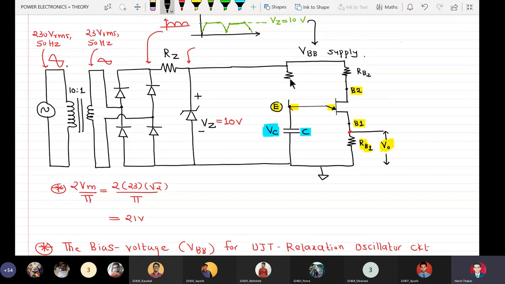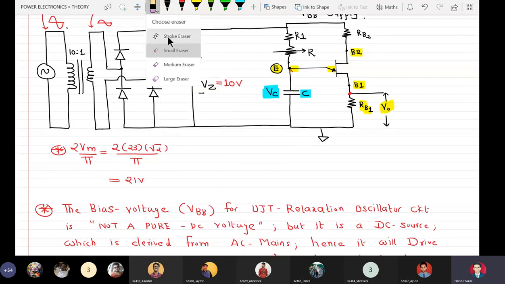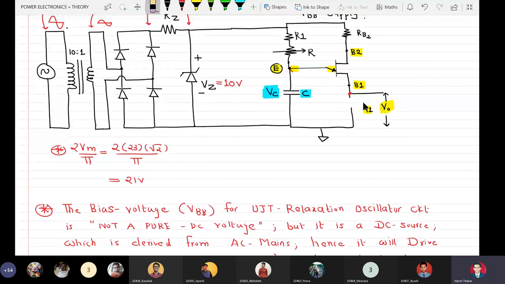A fixed resistor and a variable resistor. Okay, so this is my pot R, this is my R1, and here what they have done is they have replaced this passive resistor RB1 with a pulse transformer.